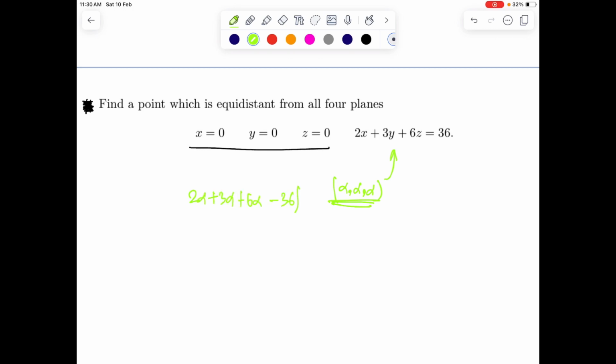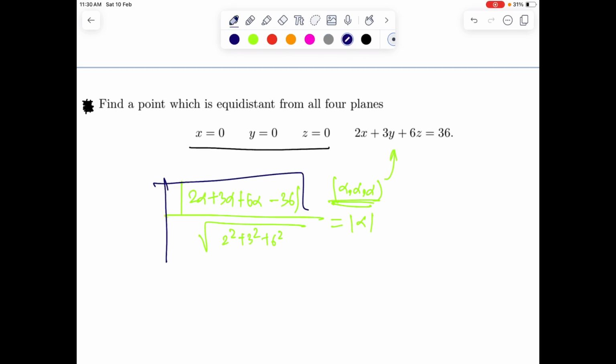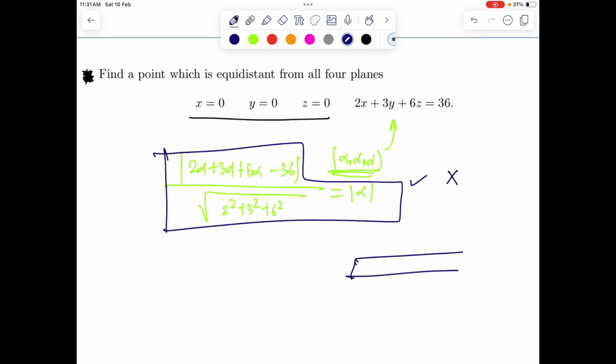And now the distance of alpha, alpha, alpha from this plane is going to be 2 alpha plus 3 alpha plus 6 alpha minus 36, over the usual distance formula of a point from a plane, root of 2 squared plus 3 squared plus 6 squared, and this is going to be mod alpha. From here you will get 2 values of alpha, and that will give the answer.